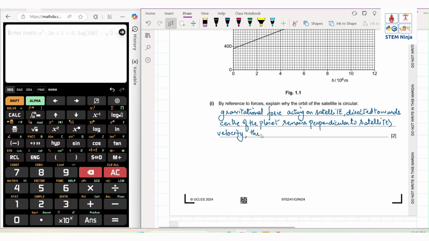Therefore, providing the centripetal force.